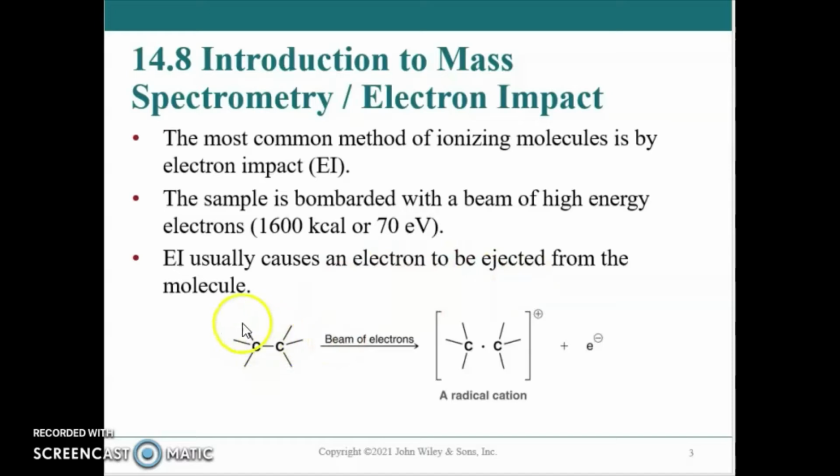So if you look at this structure of ethane, a beam of electrons bombards the molecule, and a single electron is kicked off. That removes a negative charge, so now we have a radical cation. It has an odd number of electrons, which makes it a radical, and it's a cation because it carries a +1 charge since it's lost an electron.